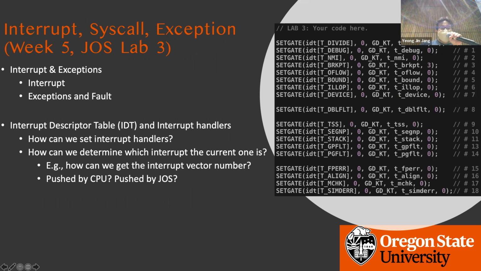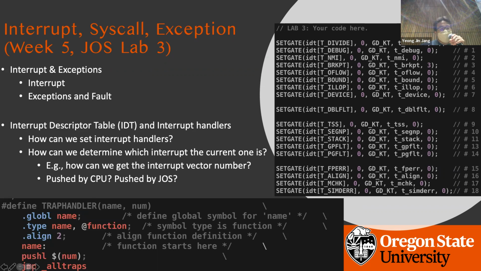You can set the interrupt descriptor based on the interrupt descriptor number and the handlers like this, and based on the error number, whether ring 3 should be allowed or not. So we can set some of the values like that.